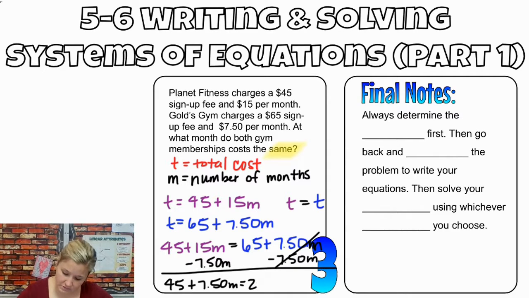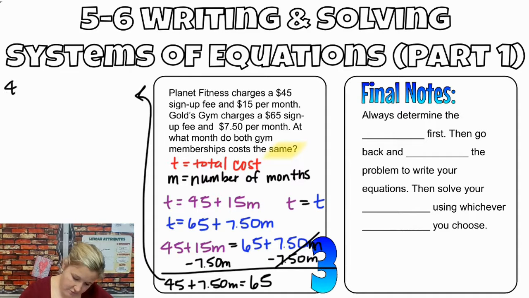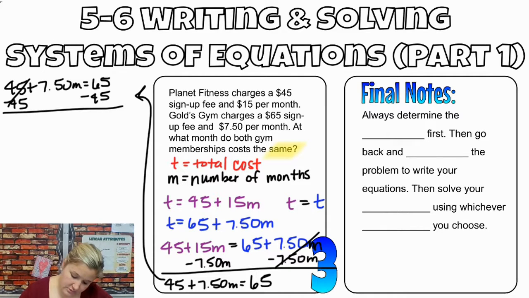So I'm left with 45 plus 7.50M is equal to 65. Okay, I'm going to have to come up over here. So I'm going to rewrite this. 45 plus 7.50M equals 65. So now I'm going to subtract 45 from each side. And so 7.50M is equal to 20, divided by 7.5.